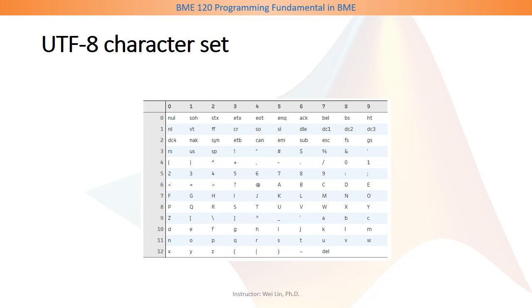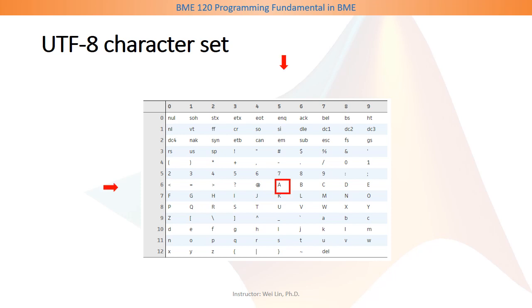This is a UTF-8 character set. Here you can see all the alphanumerical characters and some special characters. And how to find the code for a particular character?